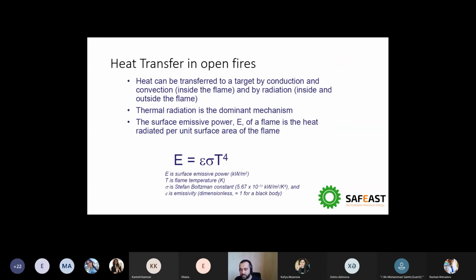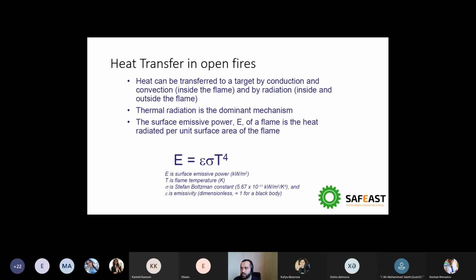And of course, heat transfer is important. All we talk about with fires and different types of fires, like flash fire, pool fire, jet fire, heat transfer is key in this topic.